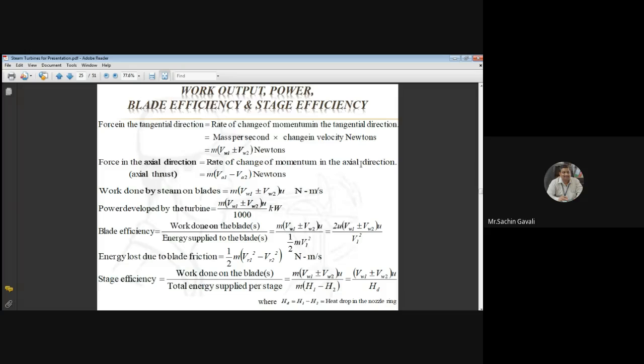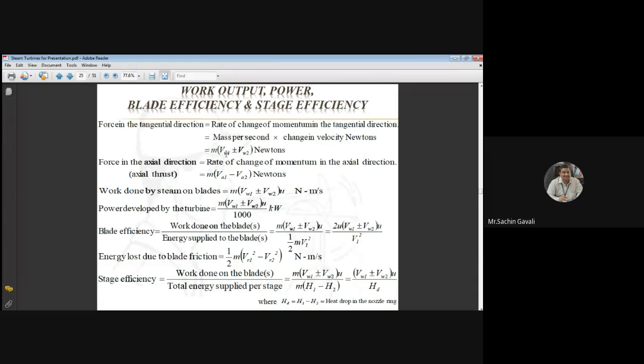So in this case, Vw1 will be positive and Vw2 will be negative, and minus of minus Vw2 will become positive. So the force is m into bracket Vw1 plus Vw2, but to have the plus sign, the requirement is that Vw1 and Vw2 should be in opposite direction.